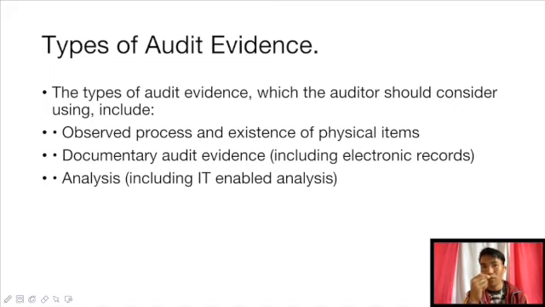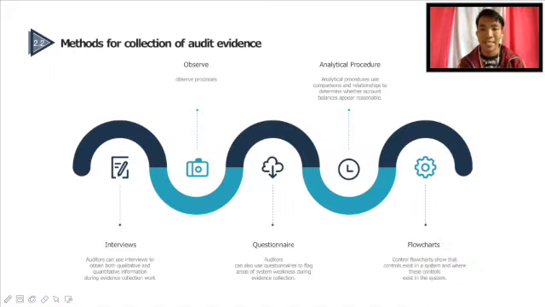So your methods of collection of audit evidences, as I have said, may be done other than observation and analytical procedure. You can do interview. These 5 methods actually triangulate or revalidate the audit evidences that prove your claim or answers to the specific objectives you would want to undertake.